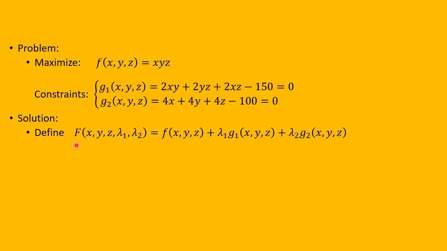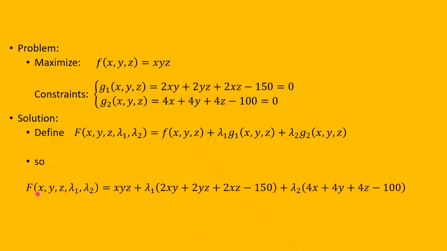So we'll just substitute those in, and we have F of x, y, z, lambda 1, lambda 2 is the little f function, which is xyz, plus the first Lagrange multiplier lambda 1 times the function g1 plus lambda 2 times the function g sub 2.